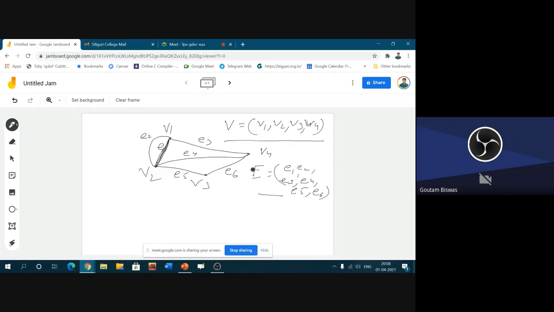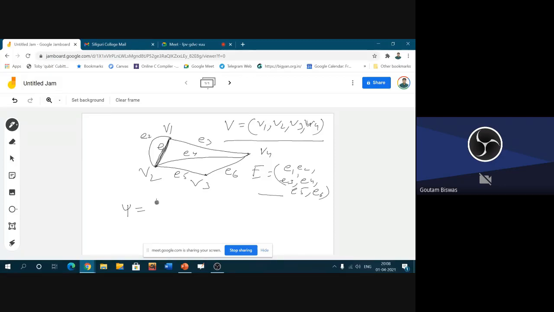In this way we are getting two different sets, but there is another function, a hidden function. What is the service of this function? It connects V1 and V2.